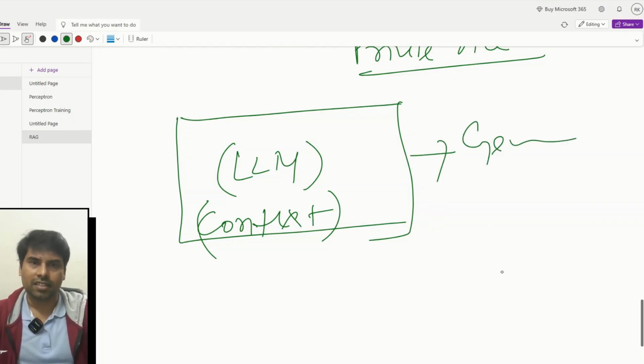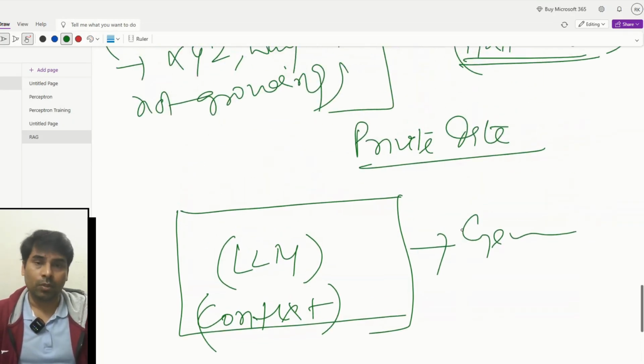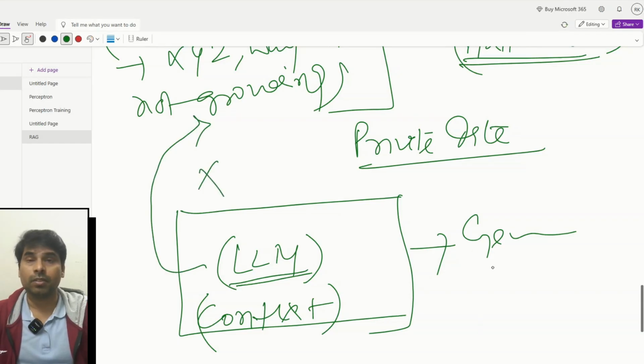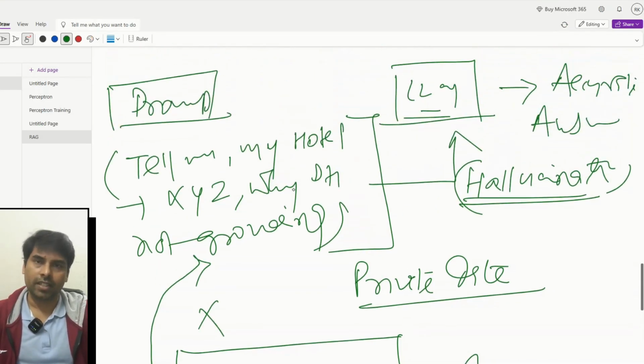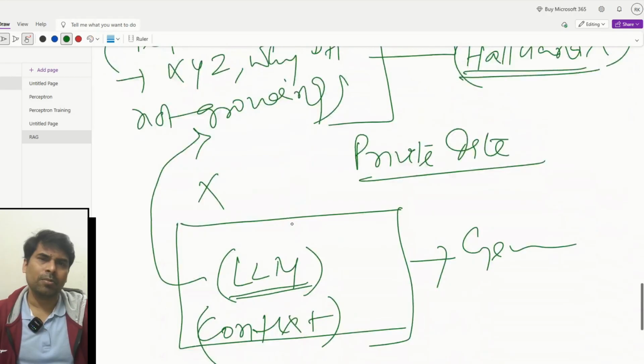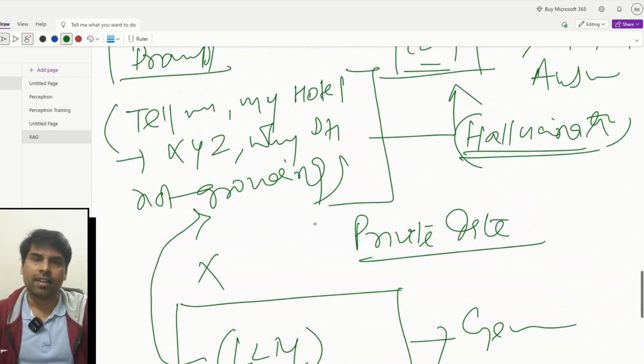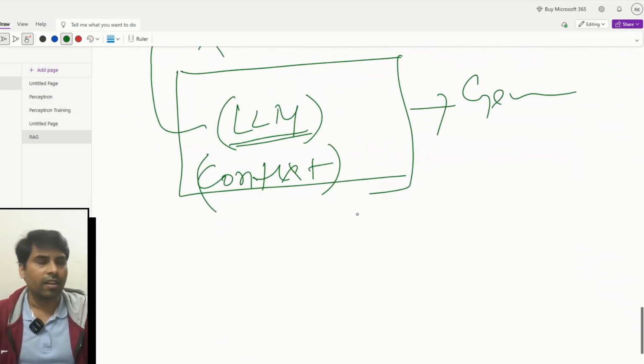But in this case, though the LLM has already been trained on massive data, whatever data is on the internet, it has not been trained on my hotel data, my private data. So whatever capability the LLM has, I cannot leverage it.